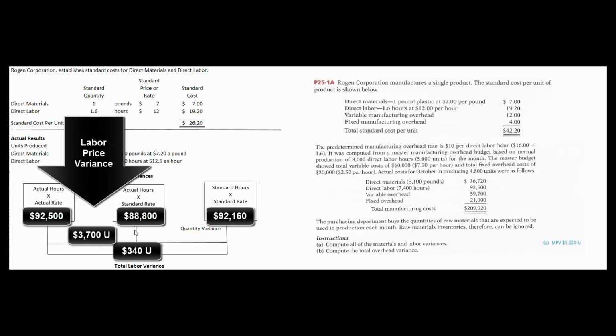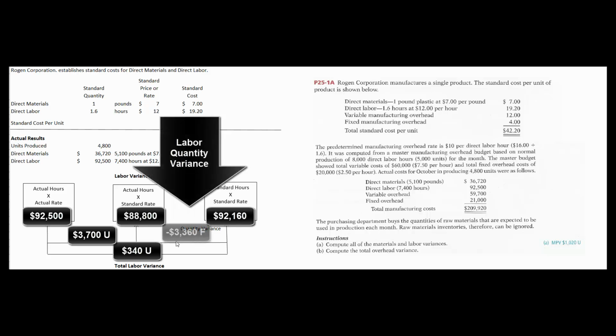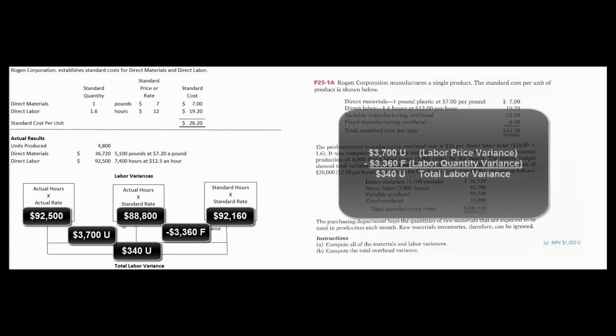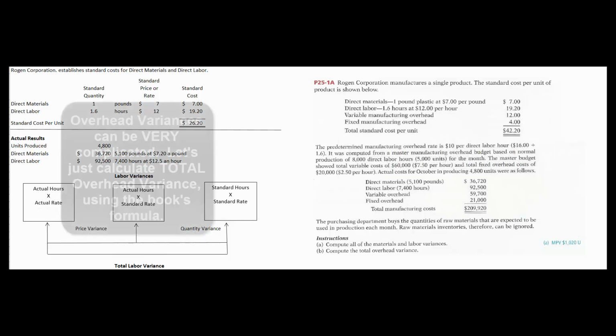We take 88,800 minus 92,160 and we get a negative 3,360. So that means it's a favorable quantity variance. Our guys worked faster than we thought they would. So you take the labor price variance of 3,700 unfavorable, combine it with the favorable variance of 3,360, and you end up with a total labor variance of $340.